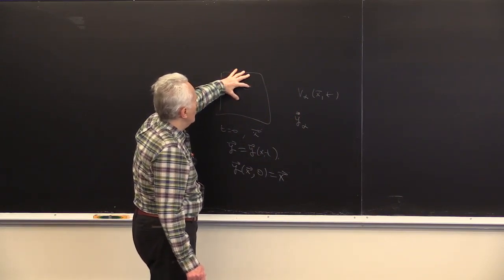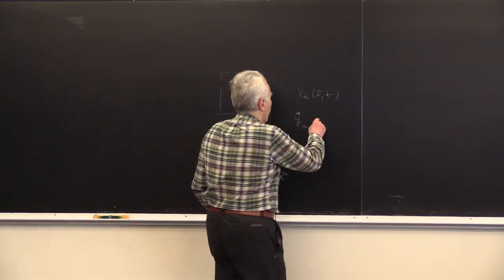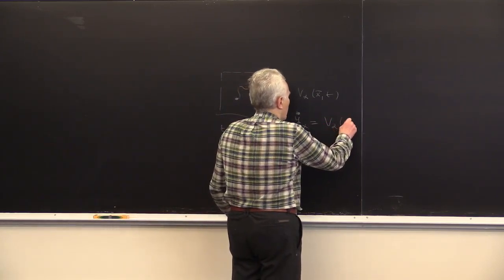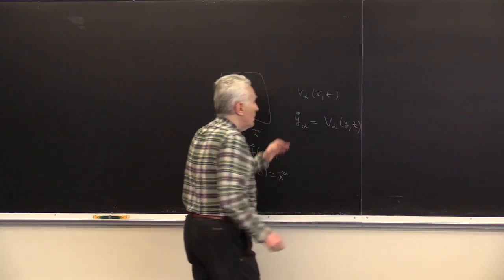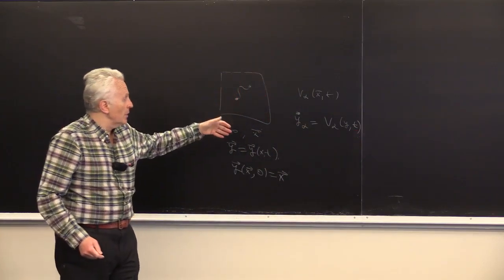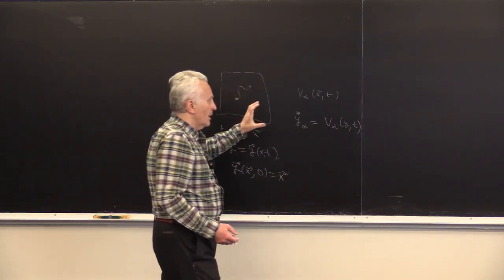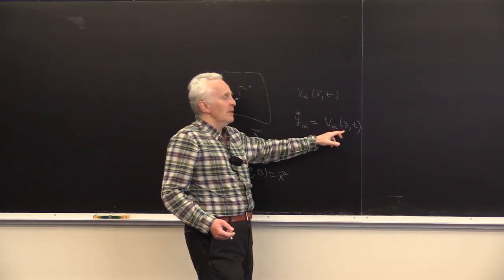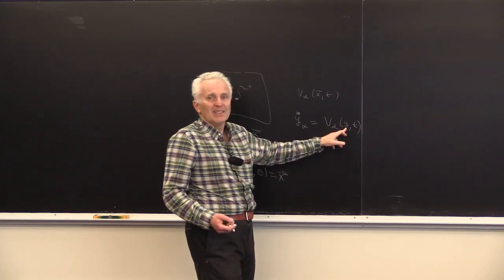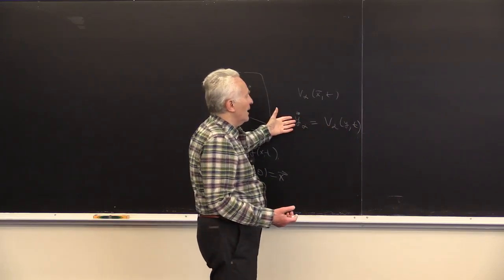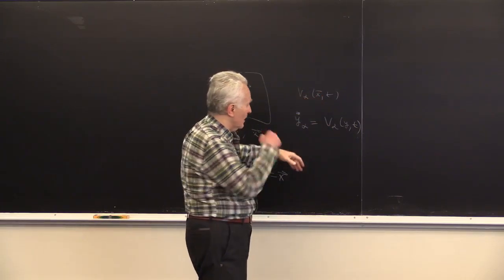Its time derivative should be equal to the velocity of y and t. Notice that this is a non-trivial differential equation. You see, if we put x here, that would be kind of trivial. You integrate it and that's it.